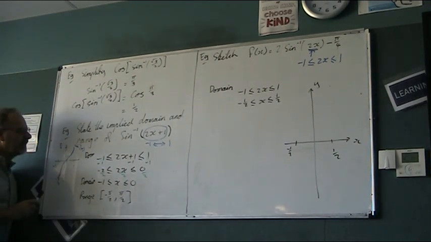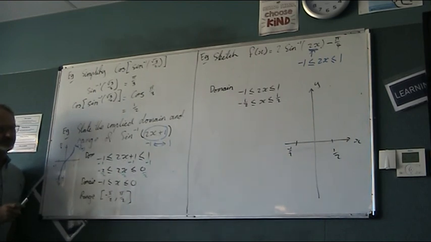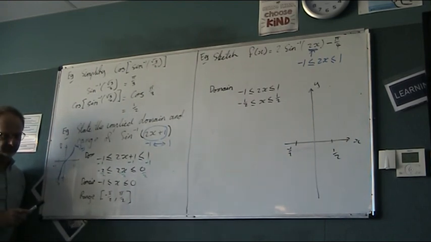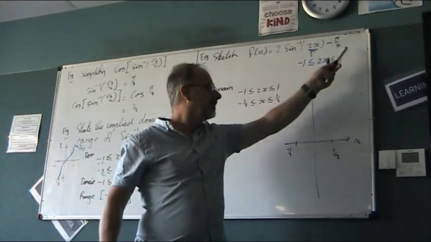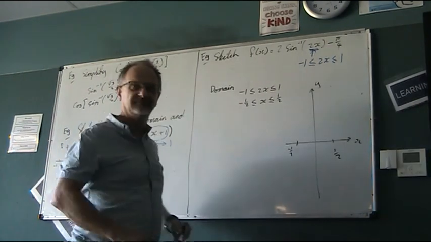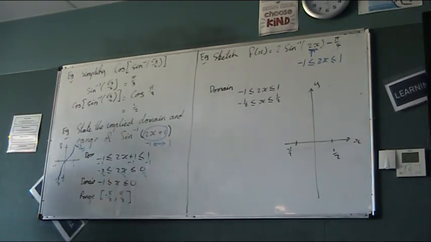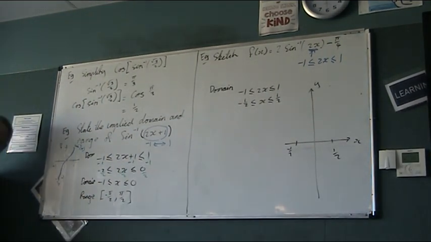Now, what do we know about what this negative pi on 4 does? It shifts the graph pi on 4 in the negative y direction.